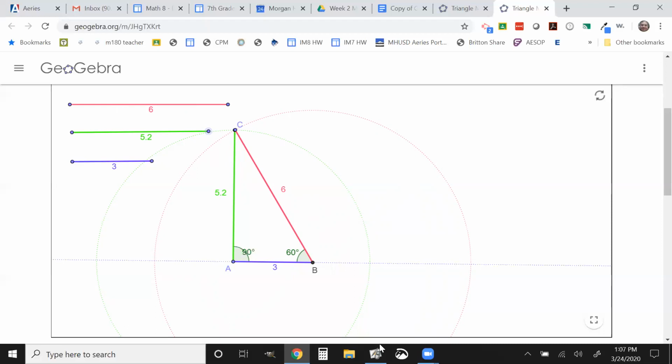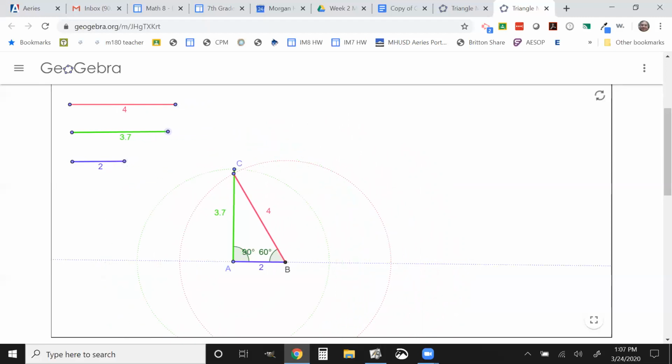In fact, watch this. If I make this into a 4, and this into a 2, and bring this down, I could say right now that this is a different triangle just based off the side lengths. The angles only determine how wide open these sides are, but you could use varying lengths and still make them connect.